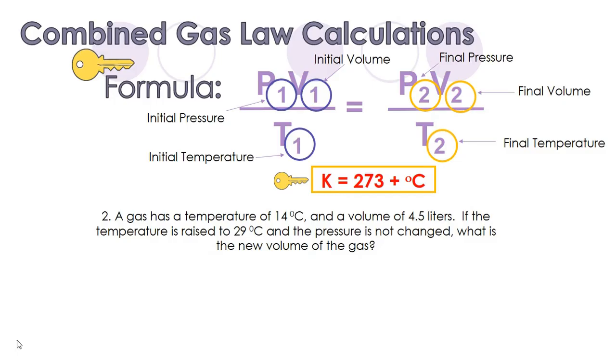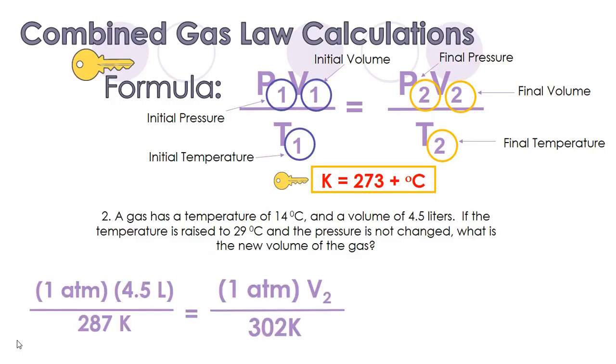Here, it says a gas has a temperature of 14 degrees Celsius and a volume of 4.5 liters. If the temperature is raised to 29 degrees Celsius and the pressure did not change, what is the new volume of the gas? So I want to set up the problem like this. I want to first add 273 to our degrees Celsius in order to change it to Kelvin. And then in the problem, it says the pressure did not change.